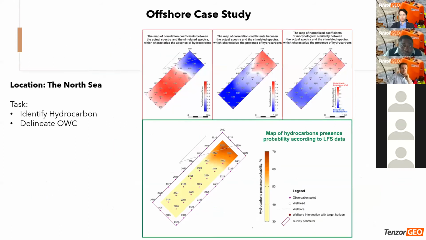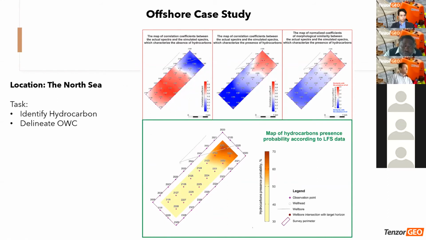Now, offshore is a different beast. Here I present 4 maps, basically. Starting from the left-hand side, one is a map of correlation between the actual spectra and the simulated spectra in the absence of hydrocarbons. The other one is a correlation between the actual spectra and the simulated spectra in the presence of hydrocarbons.